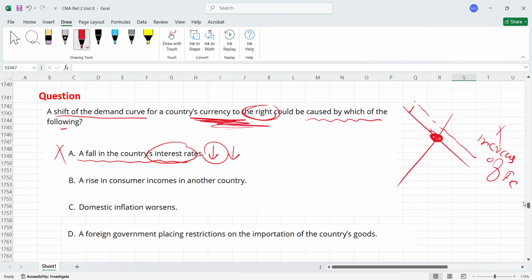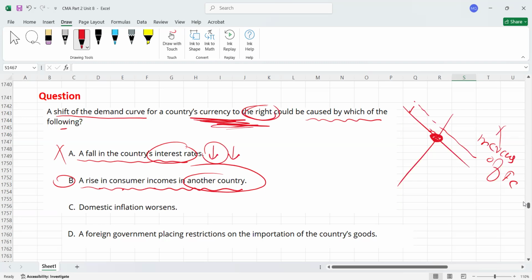Number two, why demand has increased? Second option, a rise in consumer income in another country. It is correct. If people's income in other countries increases, they may want to come to your country, so they want your currency.